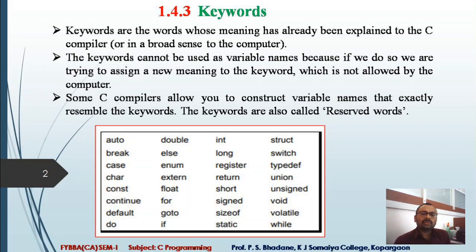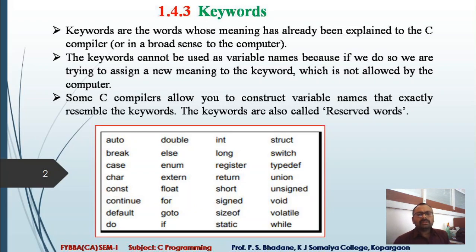There are 32 keywords in C programming: auto, double, int, struct, break, else, long, switch, case, enum, register, typedef, char, extern, return, union, const, float, short, unsigned, continue, for, signed, void, default, goto, sizeof, volatile, do, if, static, while. Each keyword has a specific meaning.